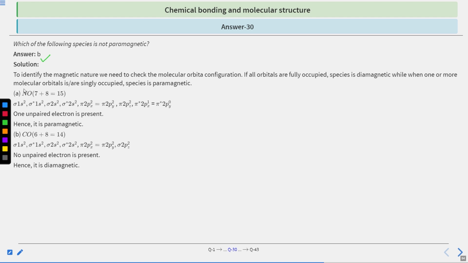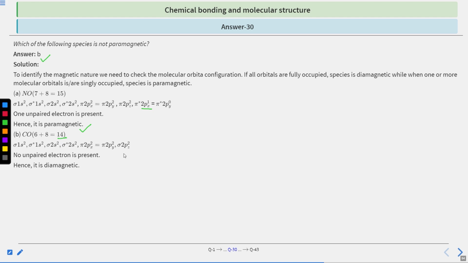So in option A, that is NO, total electrons will be 15. On filling these 15 electrons in the orbitals, we have this orbital configuration. We can see that one unpaired electron is present here in the 2px. Hence, it is paramagnetic.